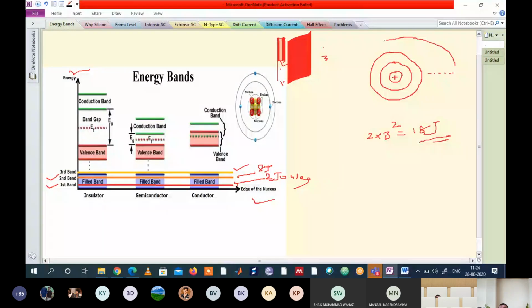If you combine all the electrons' energies here, you get the valency energy band. You can observe in the figure towards the left side: after the third band, fourth band, fifth band, sixth band, you get the valency band. This is the valency band from this point to this point. This is called the valency band energy level, right?